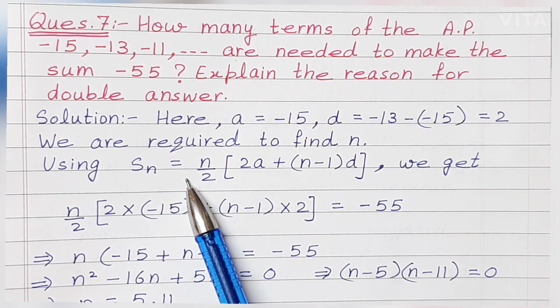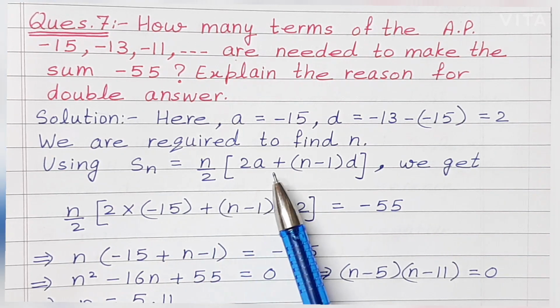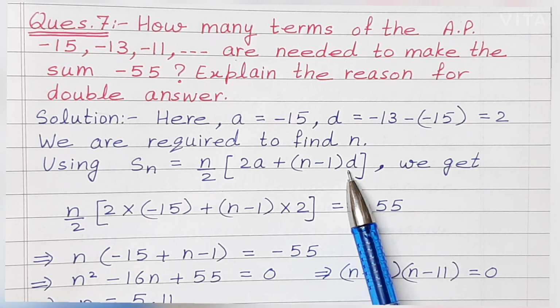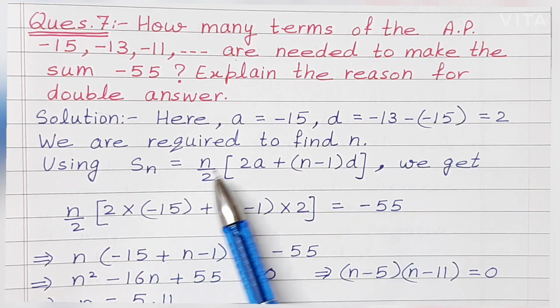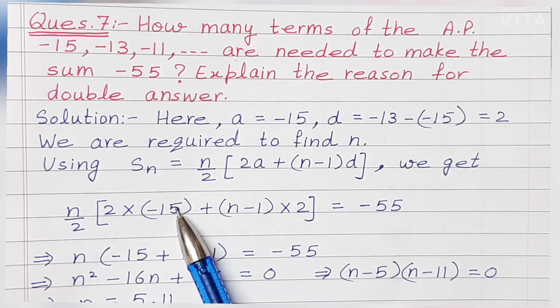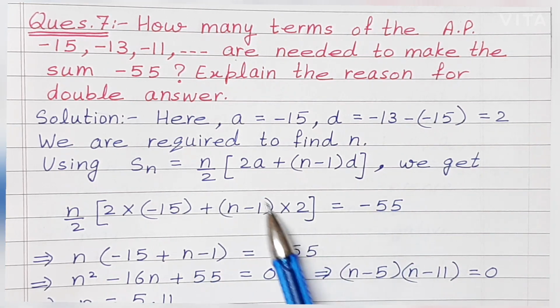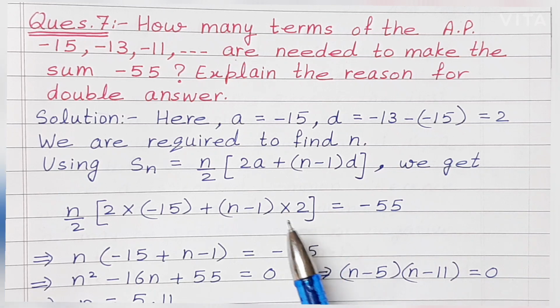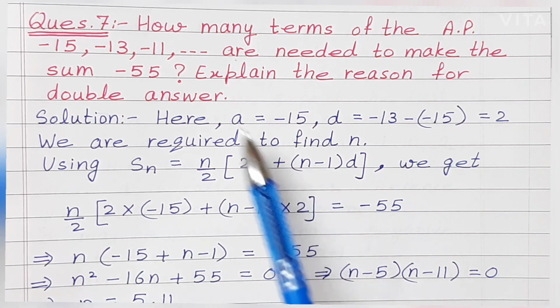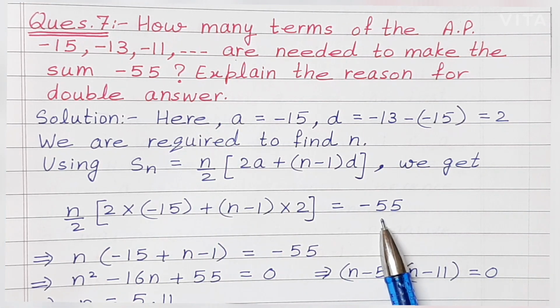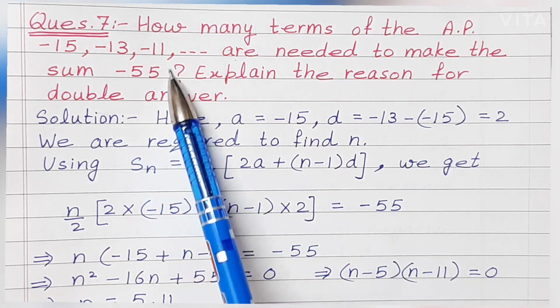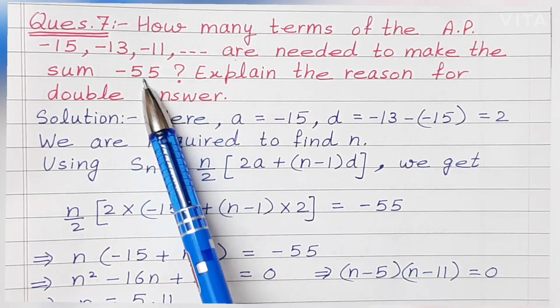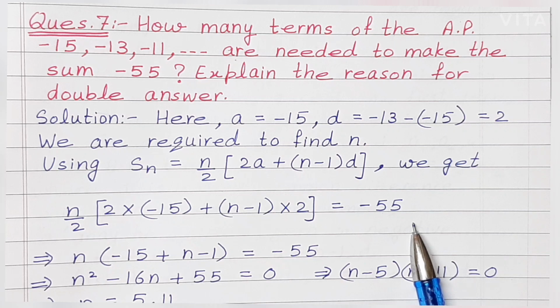So let us substitute the values. Sn is equal to n upon 2 into 2a plus n minus 1 d. So here a is minus 15, d is 2 and n is missing here. So we keep this as it is, and that is equal to minus 55 because the sum is already given to us as minus 55.